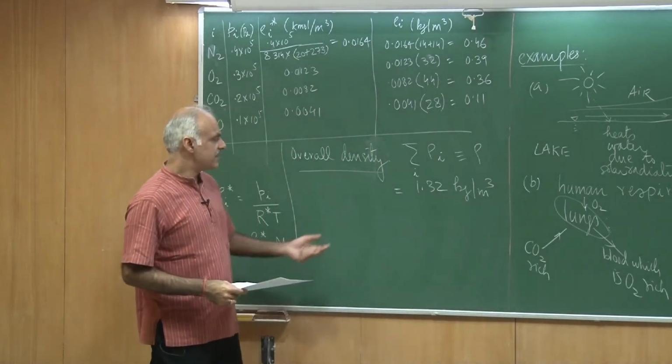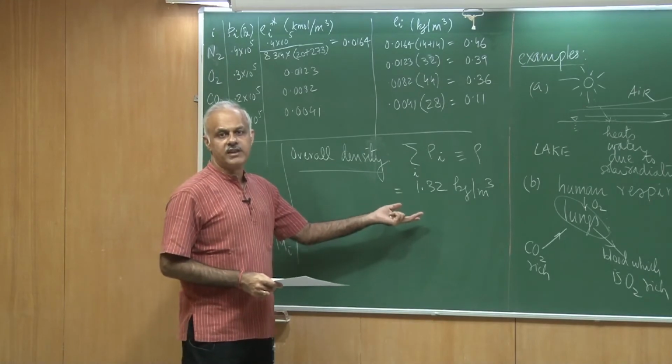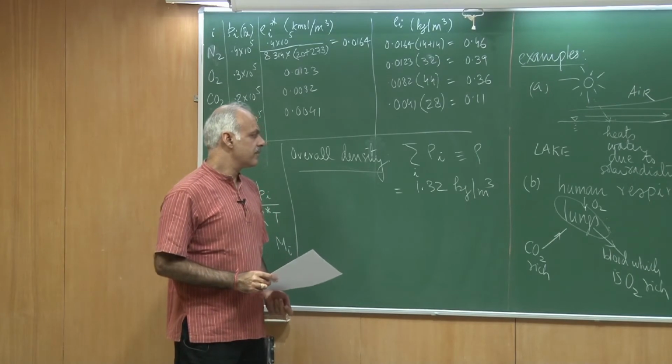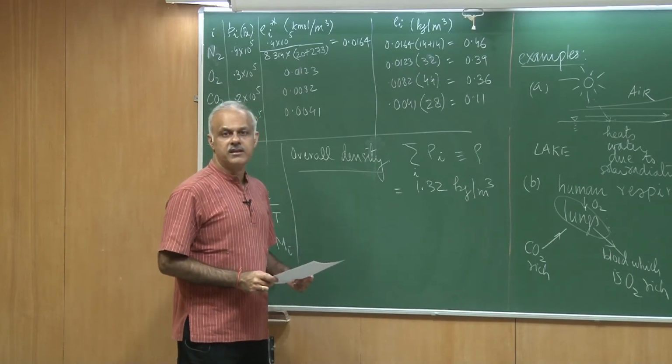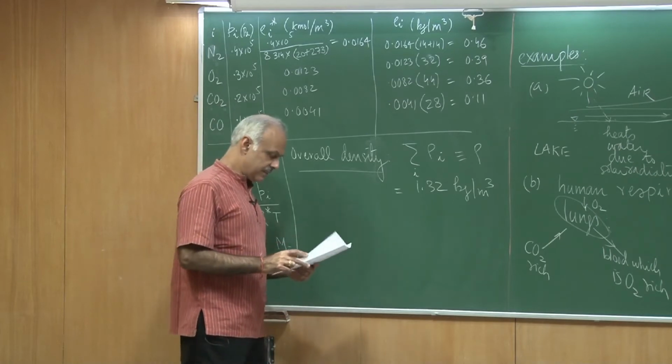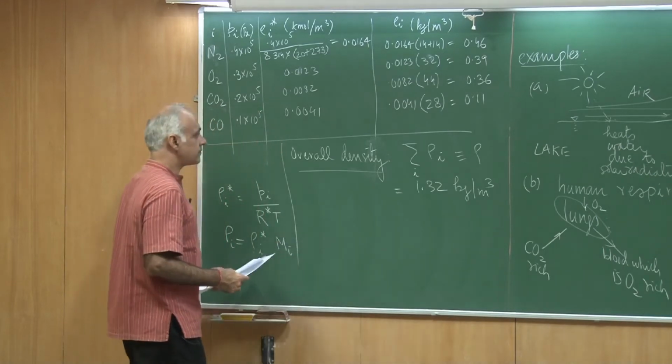So you can see this is fairly close to what we already know for air. You know, at room temperature we typically use 1.22 kilogram per meter cube. So that's a fairly reasonable approximation.